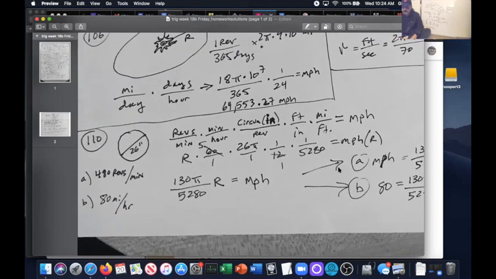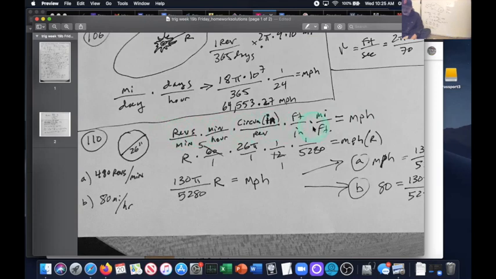Okay. Now 110, to me, since they wanted us to use the information in A and the information in B to basically find either miles per hour or revolutions per minute, I thought it'd be easier, but let's go ahead and create a formula for miles per hour, since we're going to be given revolutions per minute and we want to find out how many miles per hour that is, or we're going to be given miles per hour and we want to use that to find out the number of revolutions per minute.